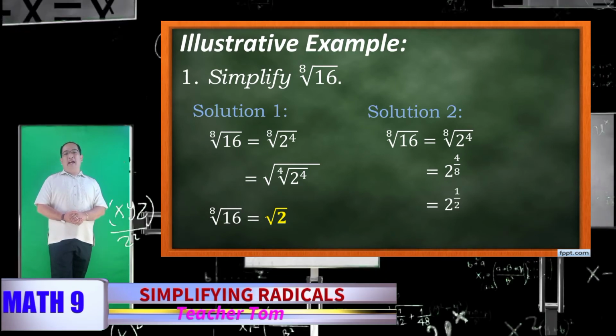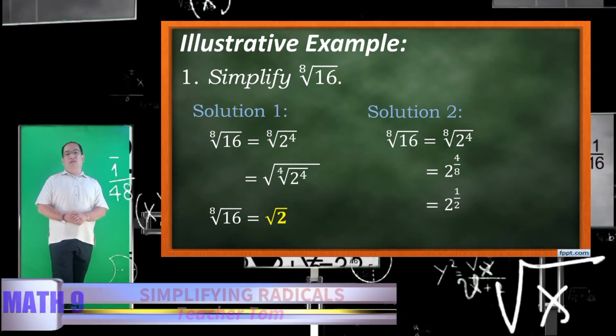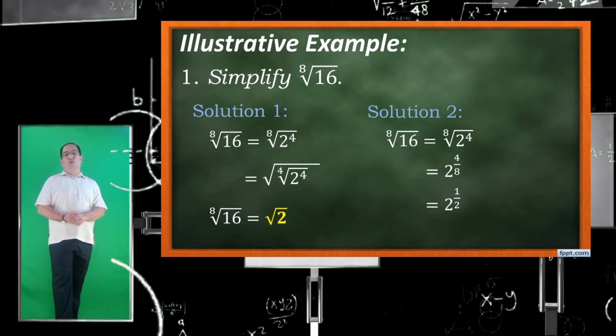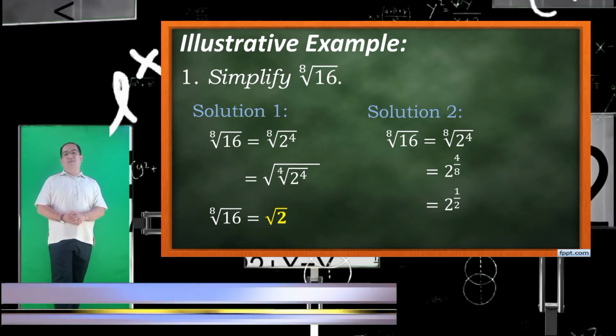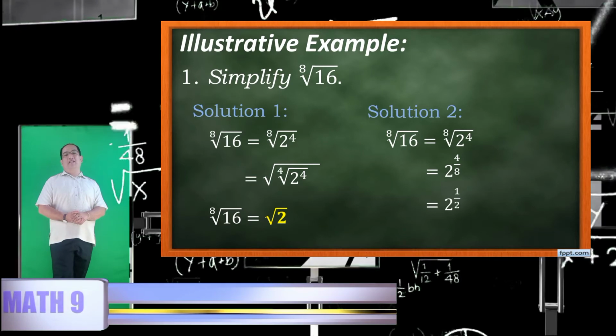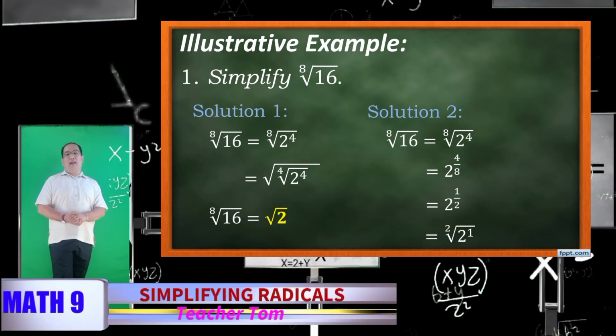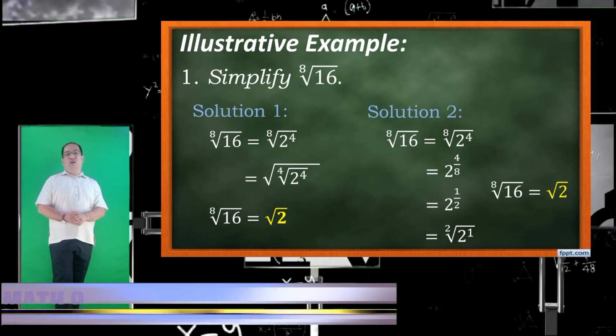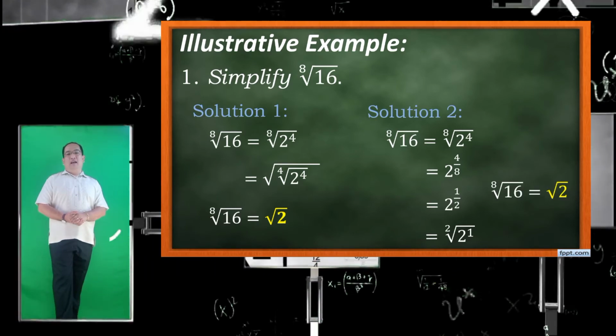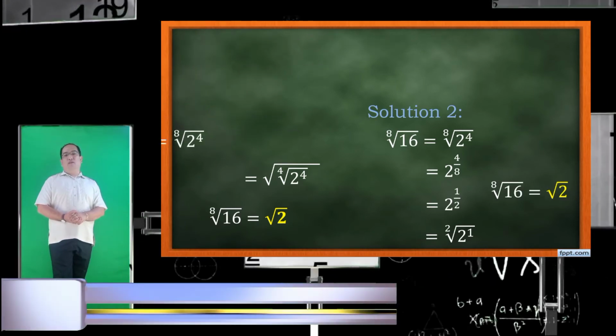Knowing that 4 over 8 can be expressed in lowest terms, so we have 2 raised to 1 half. We can now express this into a radical expression, such as square root of 2 raised to 1, or to make it short, that is equivalent to square root of 2.